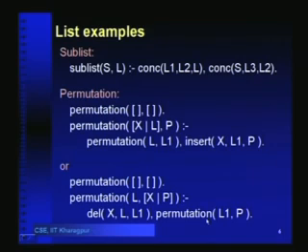So, why change the order? Which order? Why write permutation first and then delete? You can write it in that order also. See, the problem that will happen here is that if L is instantiated and this is uninstantiated, then P is not known at that point of time.